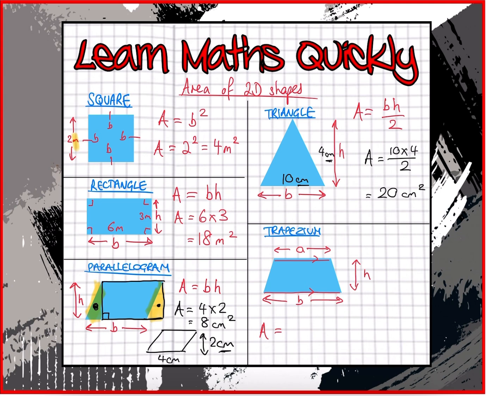So we've got A, which is our line along the top that runs parallel to our base, plus the base, and we're going to divide it by 2. And that is how we find the average of the 2 lengths along the top and along the bottom. But then we mustn't forget about the height part over here, because at the moment we're just finding the length of something. So then we must times that by our height.